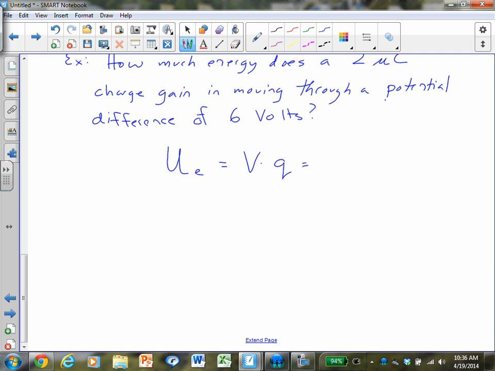So it's just a matter of putting volts in, which is a joule per coulomb, 6 joules per coulomb, times 2 times 10 to the minus 6 coulombs. And that gives us 1.2 times 10 to the minus 5 joules of energy.